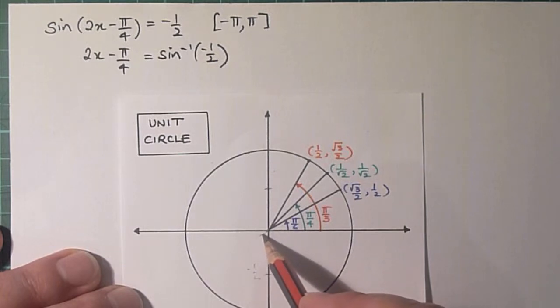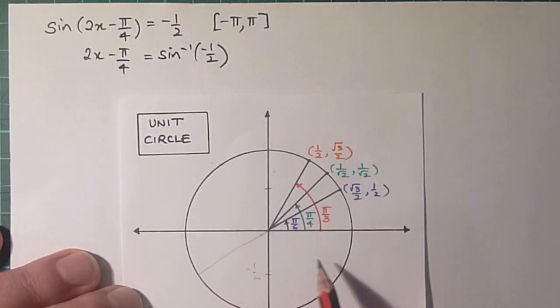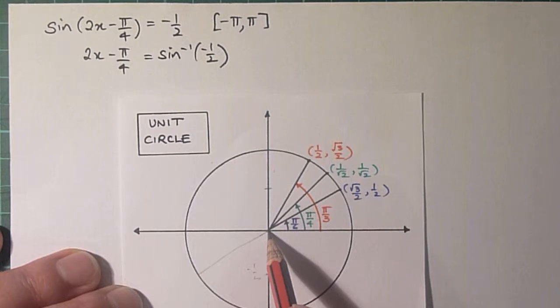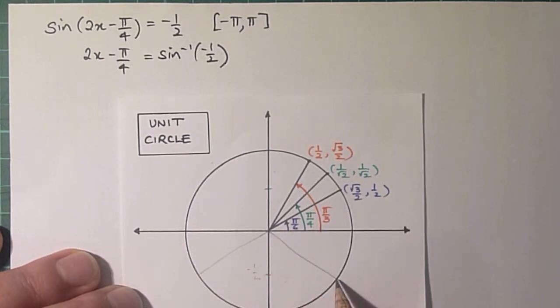So it's symmetrical to pi on 6, but not in the first quadrant. We'll also get a solution if we're in this quadrant. So these are going to be two possible solutions because they both give us negative a half. This one here is pi plus pi on 6.